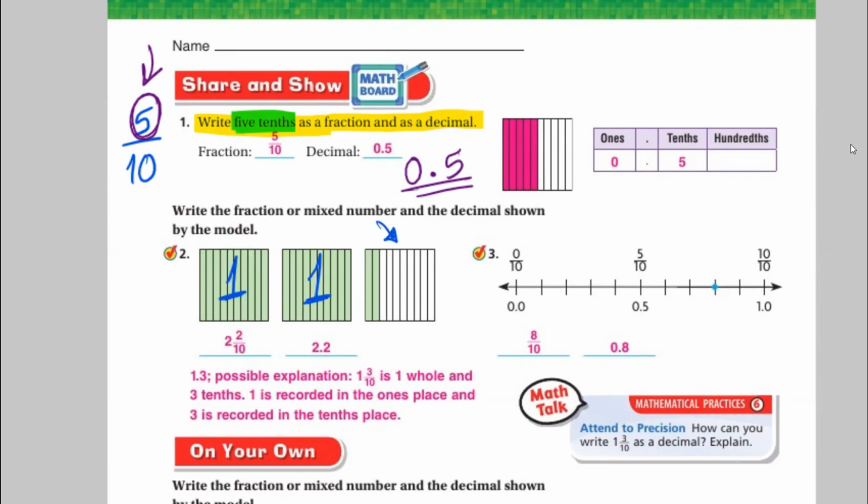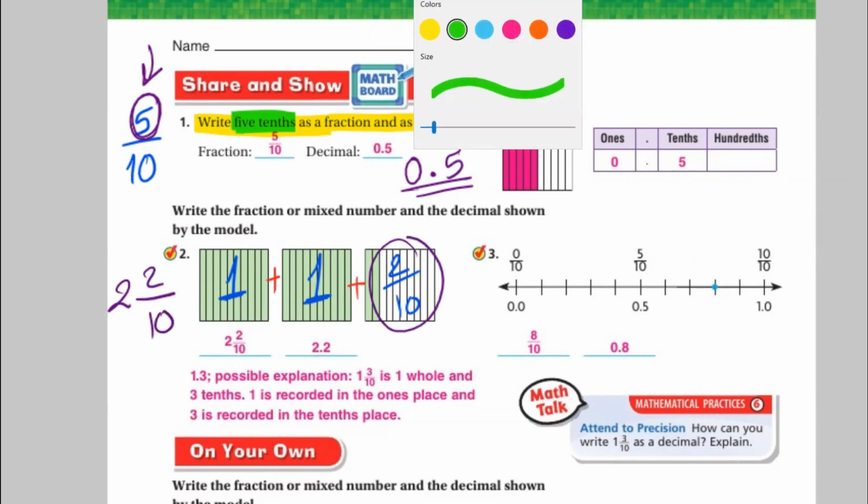What does it represent? 2/10. Excellent. 2 over 10 because we have only two parts shaded. If you want to make them together, we're going to add them together, 1 plus 1, here will be 2. Excellent. And the fraction, put it as the same, 2 over 10. Now here you wrote it as a mixed number or a fraction.